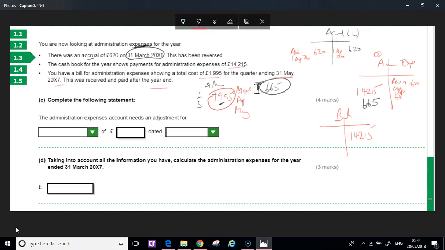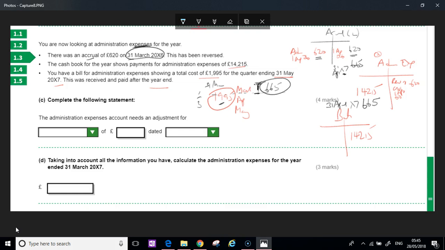So there's a new accrual, 665 here. Whether you want to use this account again, you put 665 here. On the 31st of March, X7. That's the year end. This accrual is done. Sorry, what am I doing? Where is the year end? Let me just be careful.